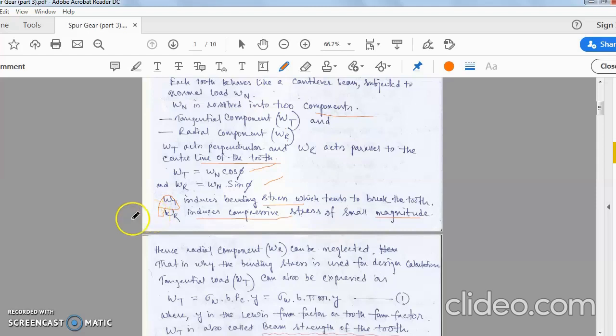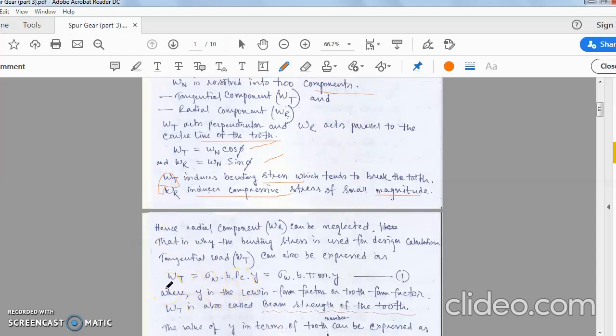Wr is a compressive load acting very marginally, so it doesn't create any effect on the gear tooth and we can neglect it. Wt is the most effective force responsible for creating the bending stress, and that is why the gear generally breaks due to bending stress. So we will work further with the Wt force.